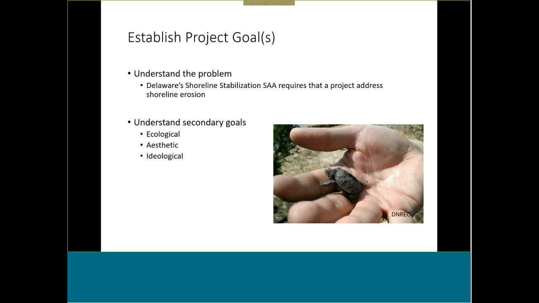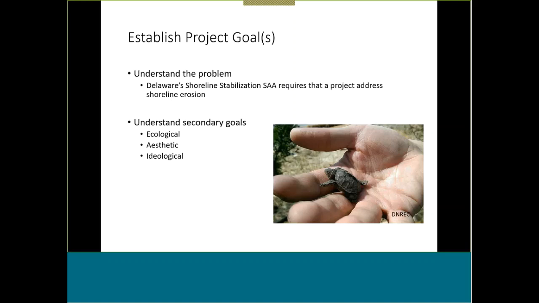You might have a client who just wants to pretty up their shoreline and doesn't really have an erosion problem. That's fine. You can still install a living shoreline, but you'll need to get an individual permit from the Wetlands and Subaqueous Land section, which Julie will talk about tomorrow.